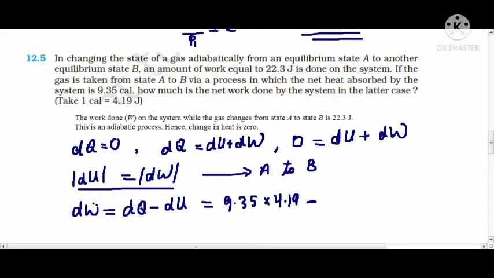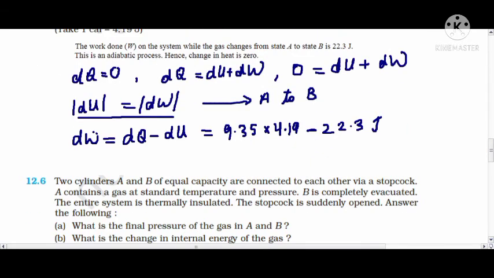Therefore, the change in internal energy dU is equal to the work done in the first process, that is 22.3 joule. So that you get the answer. The work done in the second process is 16.9 joule.